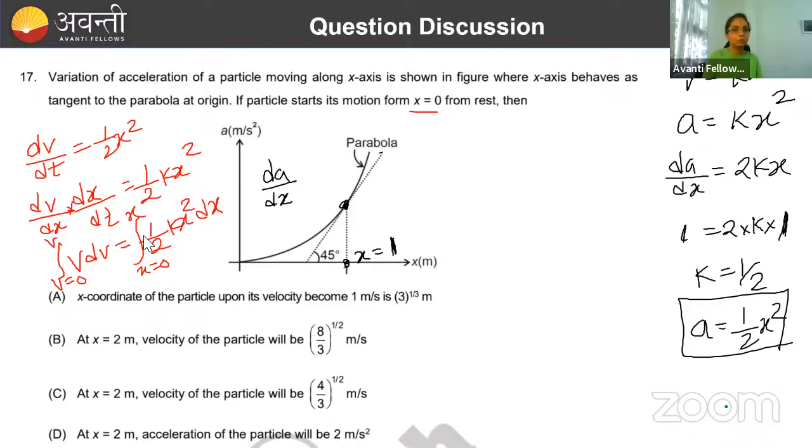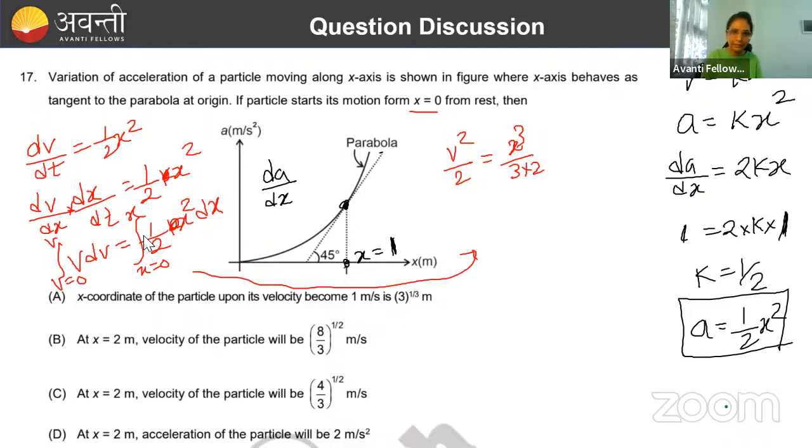Now solve this thing. If you solve it, what value are you going to get? You will be getting v square by 2 equal to how much? Half k, I wrote, the value of k we already know. Okay, done. Half x square, right? So the integral of x square dx will be how much? x cube by 3 into 2.